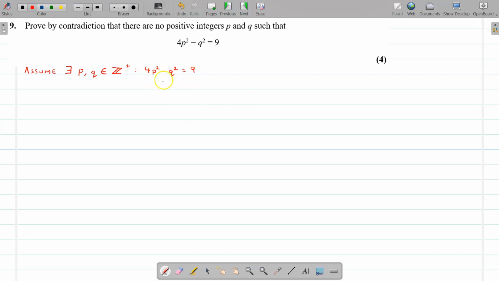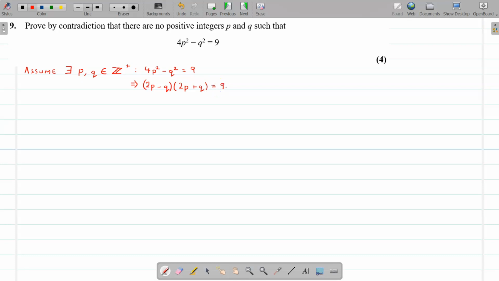And from that equation there, it follows that if that were true, then it's the difference of two squares, and you need to spot that in order to answer this question. Okay, (2p minus q)(2p plus q) is equal to 9.